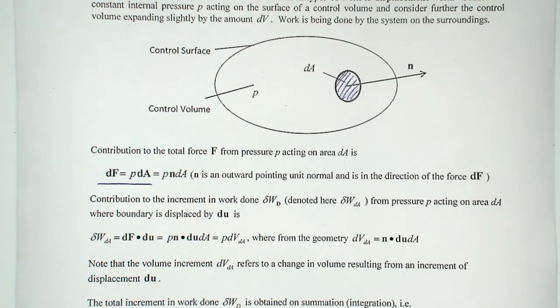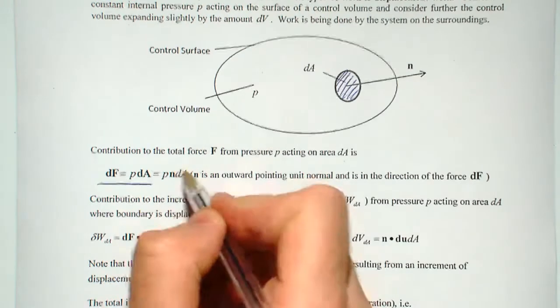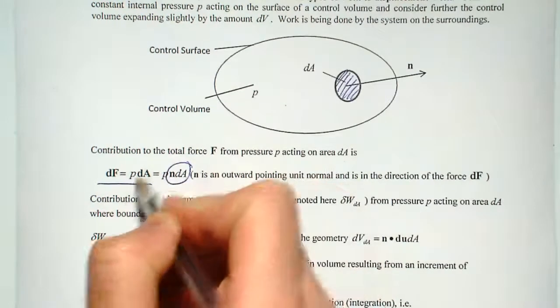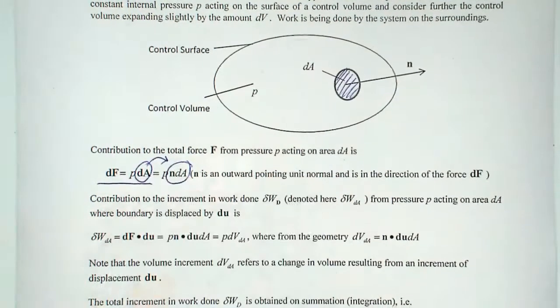I'm not going to change that. What I have changed is I have replaced dA with n dA. And mathematically, I think you've covered that when you're dealing with vectors. You can now replace something which is a vector in this case, replace it by n times that change in area.